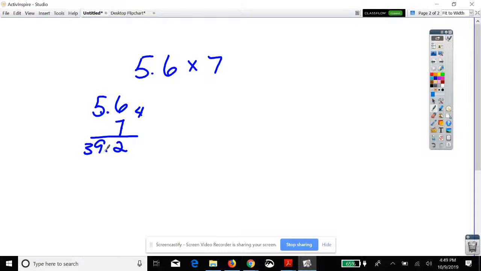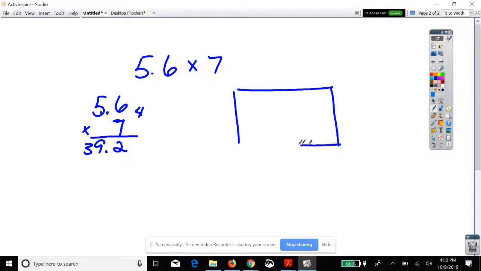I have one decimal. It's 39.2. That's great, and it's actually pretty easy to do, but people get messed up because they don't know where the decimal goes in the answer. Sometimes they get confused because if I was adding 5.6 and 7, then I would put the 7 underneath the 5 and add straight down. But multiplying, it just goes all the way to the right, so I don't want to get confused.